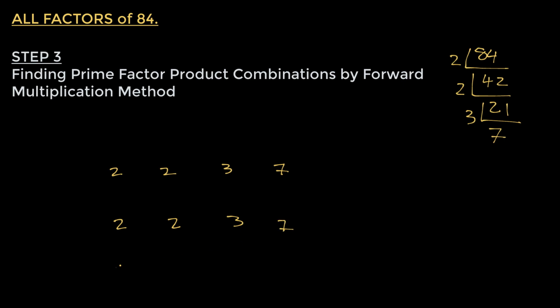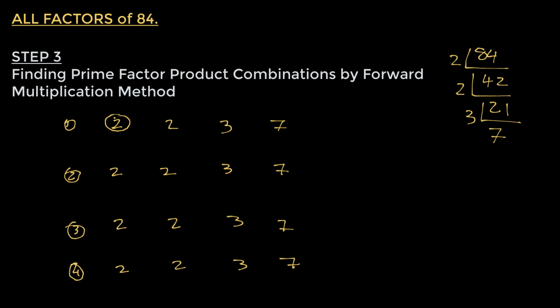Again 2, 2, 3, 7. And I need one more row. I don't have space there, so let us write it here. 2, 2, 3, 7. Alright, here you go. Now, this is the first row, second row, third row, and fourth row.